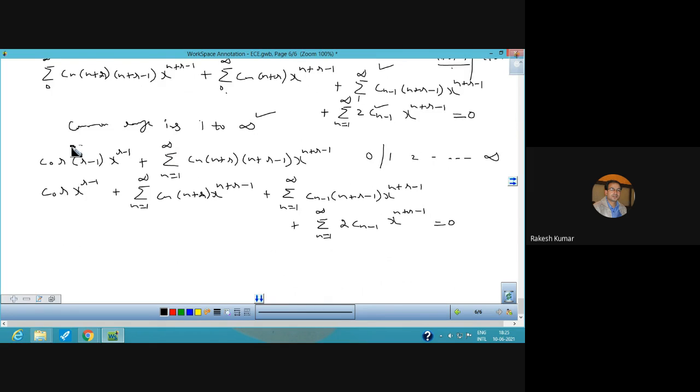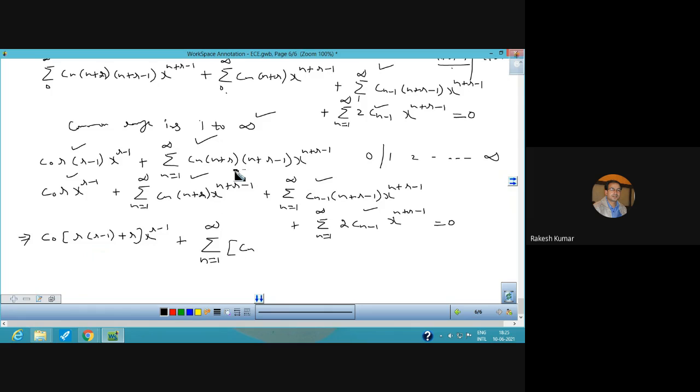Now in these two terms, this one and this one, you can equate the coefficient, and you will have C naught is common. So inside you will have r into r minus 1 plus r, x raised to power r minus 1 can be taken common. And similarly, you can make in this summation this, and this. You can make the summation common, that is summation n varies from 1 to infinity.